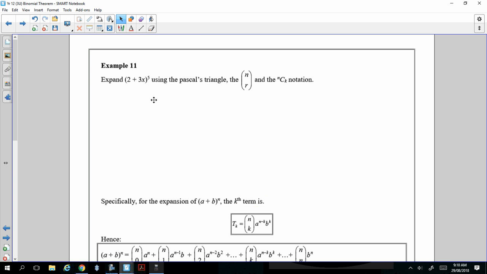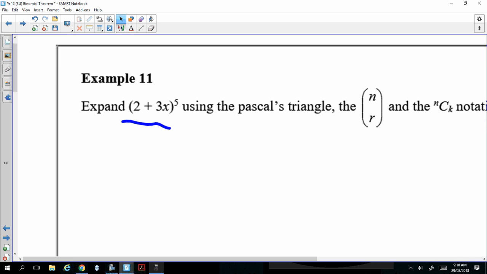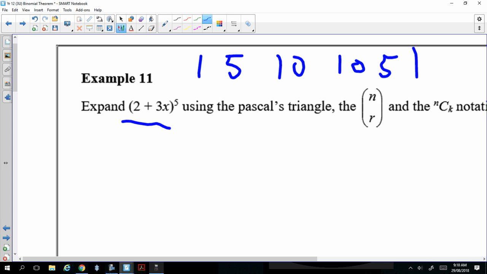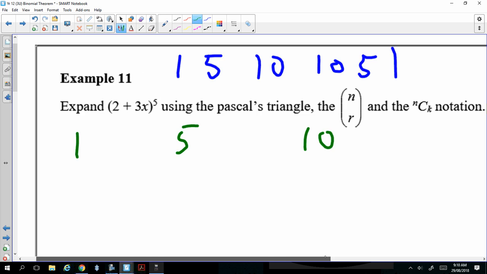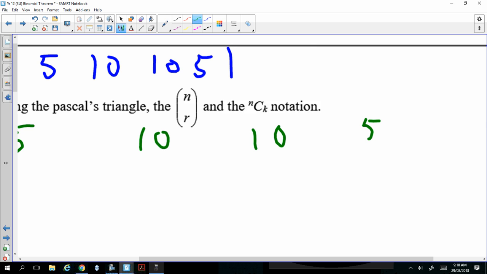So let's expand this using Pascal's triangle. So remember, the numbers are 1, 5, 10, 10, 5, 1. Like that. Let's expand this. So what I'm going to do, let's write it in green. 1, 5, 10, 10, 5, 1. Okay. And then what I'm going to do is write the terms.